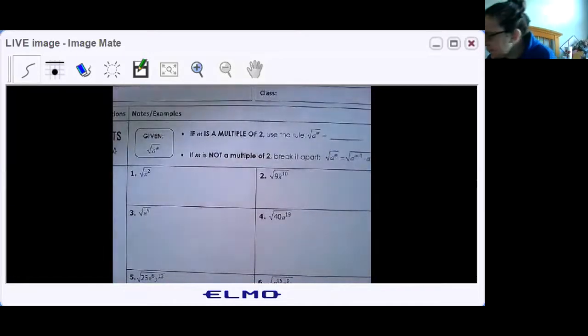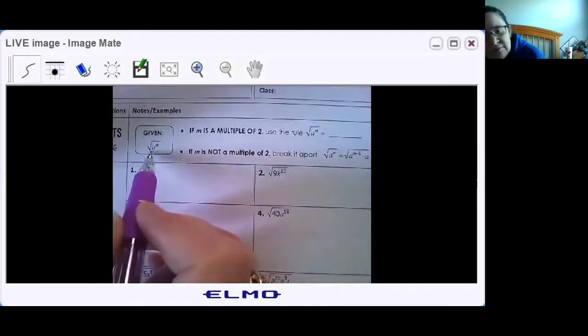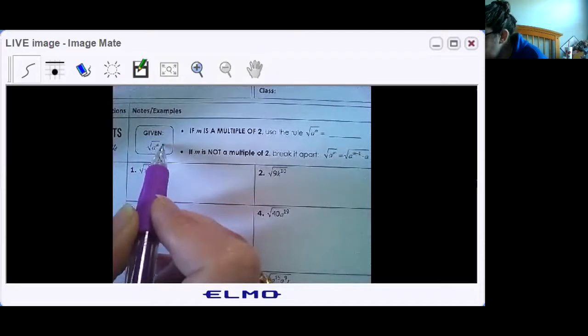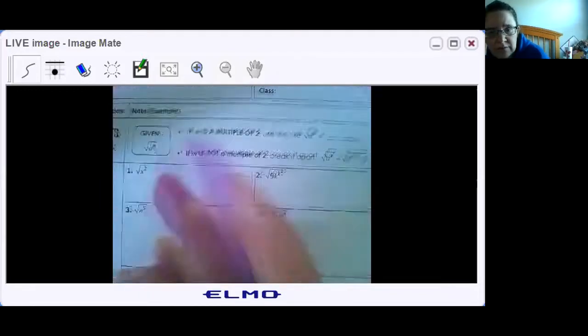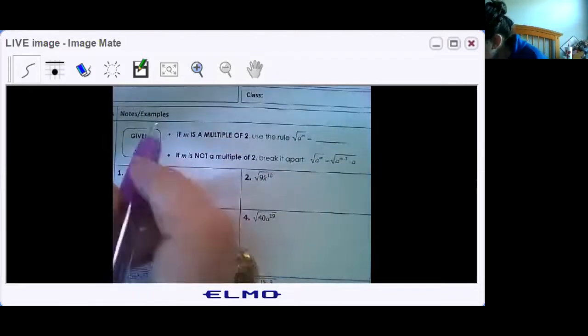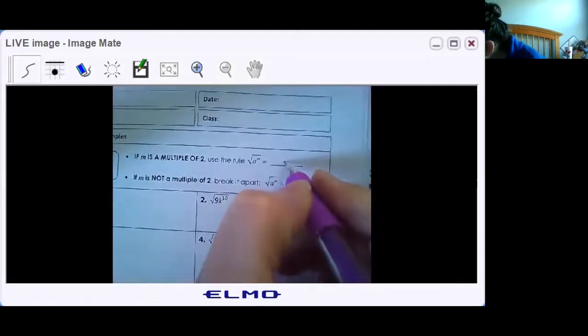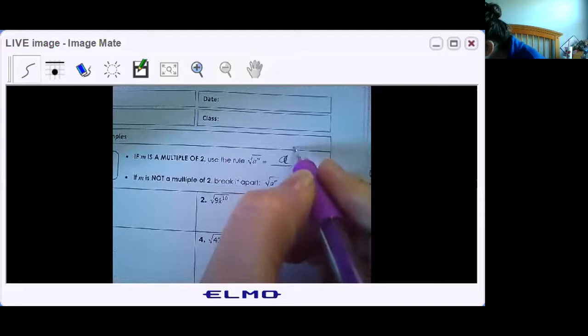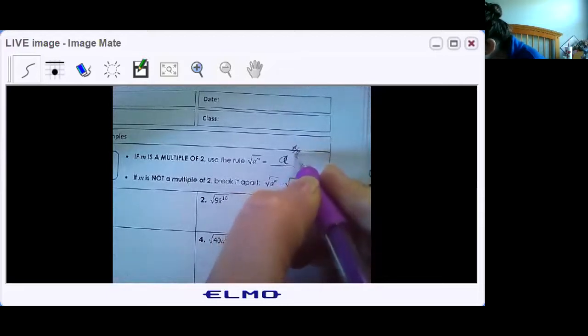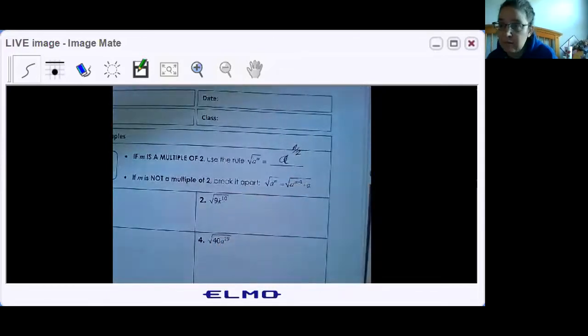It says, if I have the square root of some variable to a power, and this power is an even number, when we take the square root of it, it's just the variable, and you divide that exponent by 2.